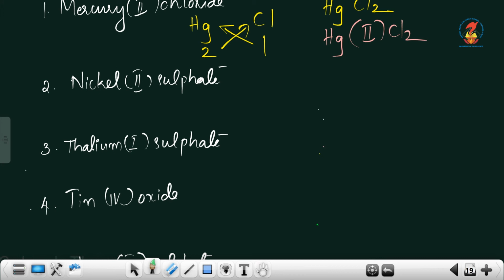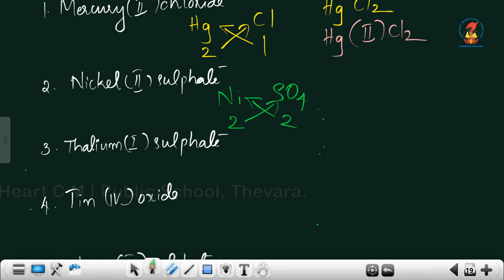nickel 2 sulfate. So here the ions or the atoms present are, one is nickel and the other one is a radical, that is SO4. Nickel oxidation state is given 2, which means it is +2, so the valency will be 2. Just remove the charge from the oxidation state, you will get the valency. Sulfate SO4, we know the charge is -2, so the valency is 2.